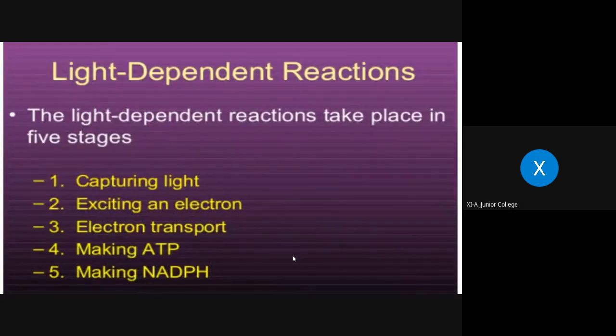Now these light dependent reactions, again I will revise what happens in them. Only the first two steps we will study today. First is capturing of light. Who is capturing the light? Grana, which show the presence of thylakoids.